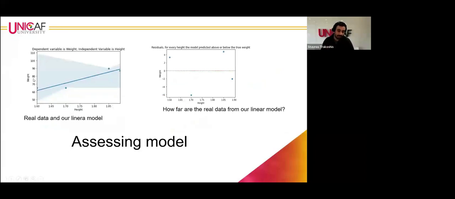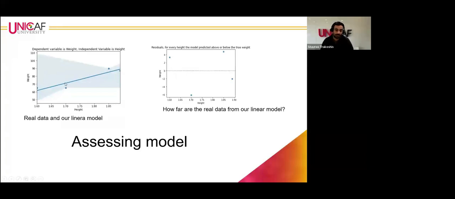So I have here my weight and height, and the difference of the observed measurement from the predicted one is the error. Another term to describe this is the residual.